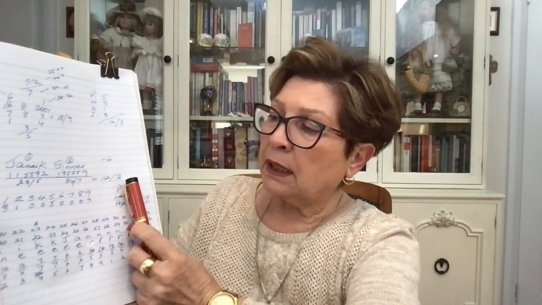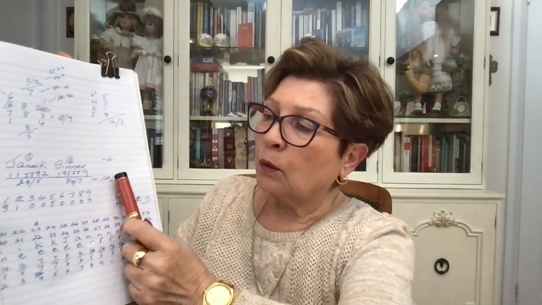The personality number is taken from the consonants of the name, and a quick way of calculating that, if you don't want to add up all the consonants, is to look at the destiny number. In this case, it's a 3. And then you add 9 to that. So 3 and 9 is 12.